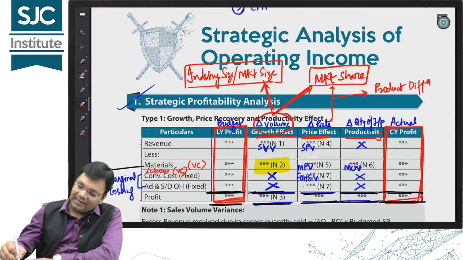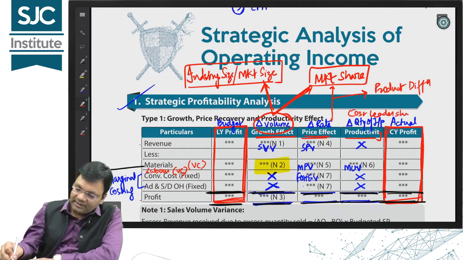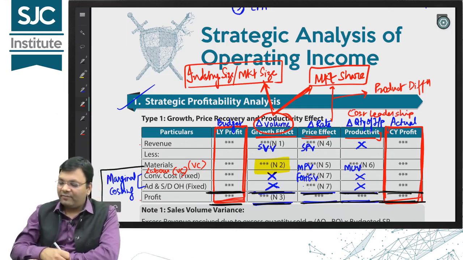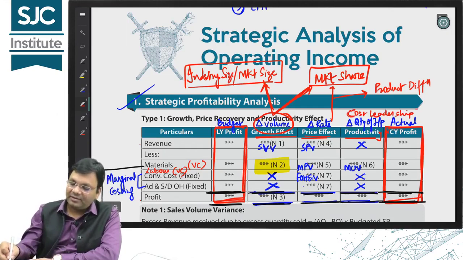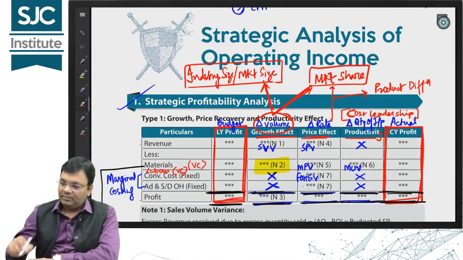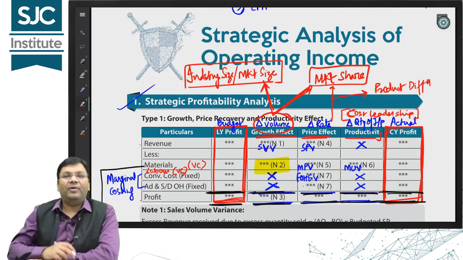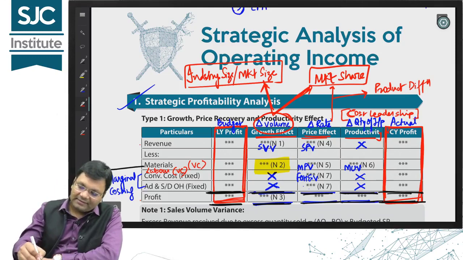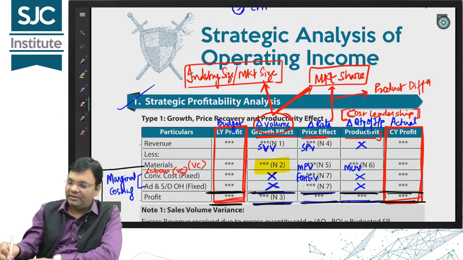And there is another name for productivity, which we call cost leadership. That means you are trying to use minimum resources to produce a product, which is measured by the quantity of input used. So we have industry size, and share and price together called product differentiation, and productivity is also called cost leadership.